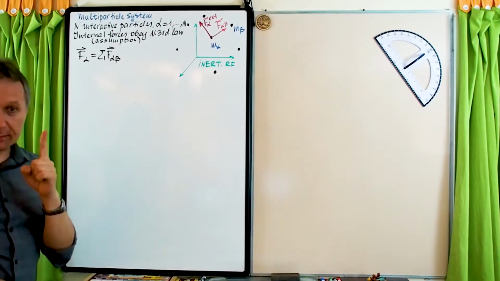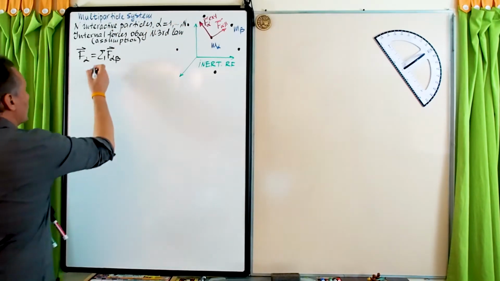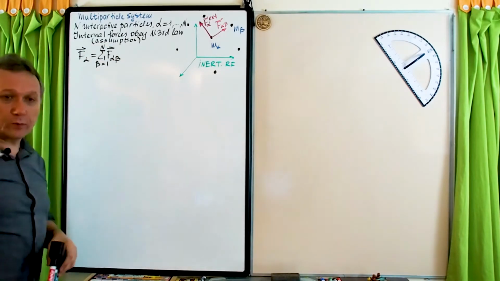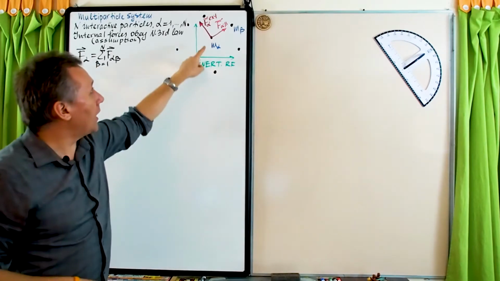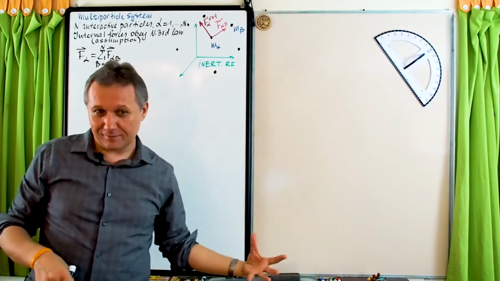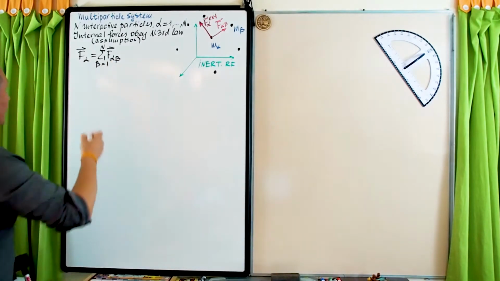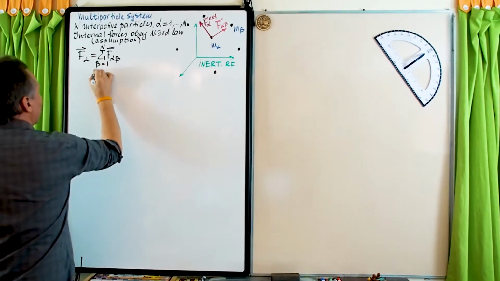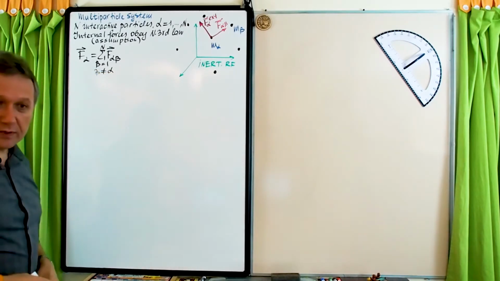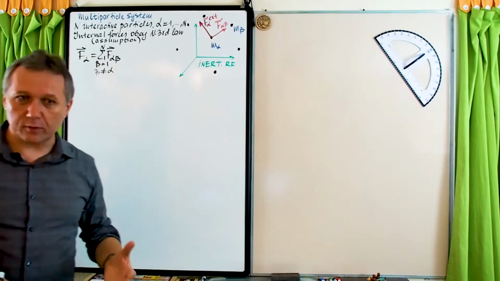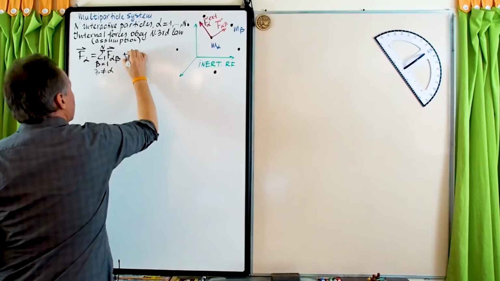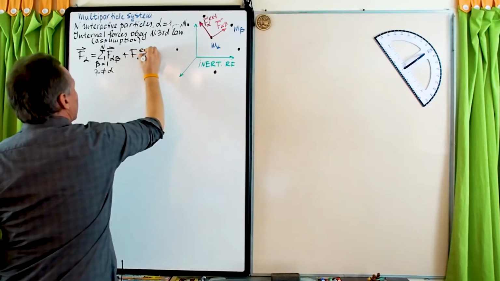The summation is over beta from 1 to n, but we have to exclude particle alpha itself, because a point cannot exert force on itself. So beta is not equal to alpha. We sum over the whole system, except for particle alpha itself. And of course there is an external force, plus F alpha external.